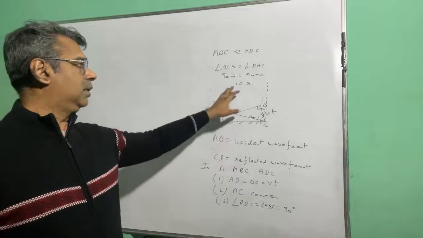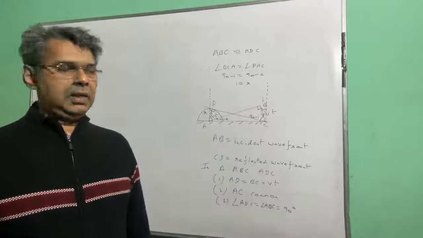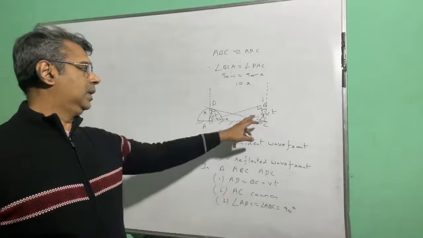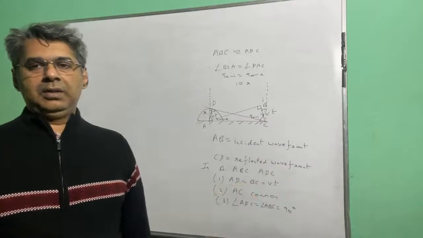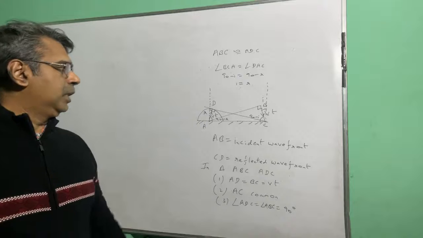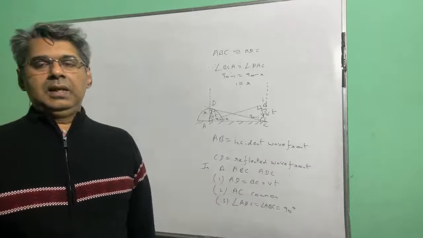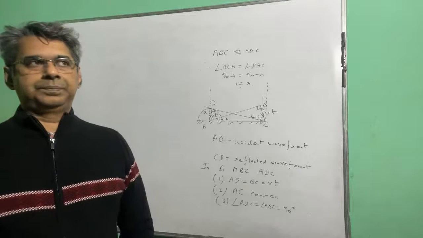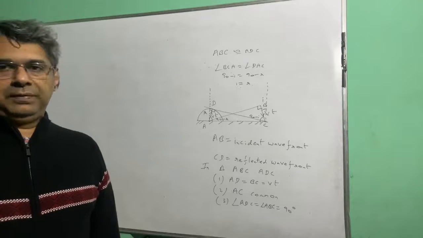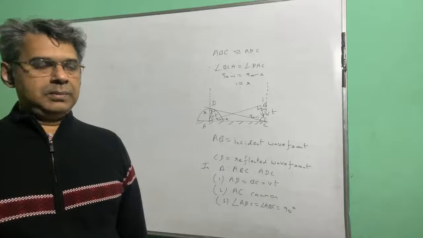The first law, angle of incidence equal to angle of reflection, done. The second law, the incident ray, reflected ray and normal all lie on the same plane. So this entire discussion is the proof of the law of reflection using Huygens principle.